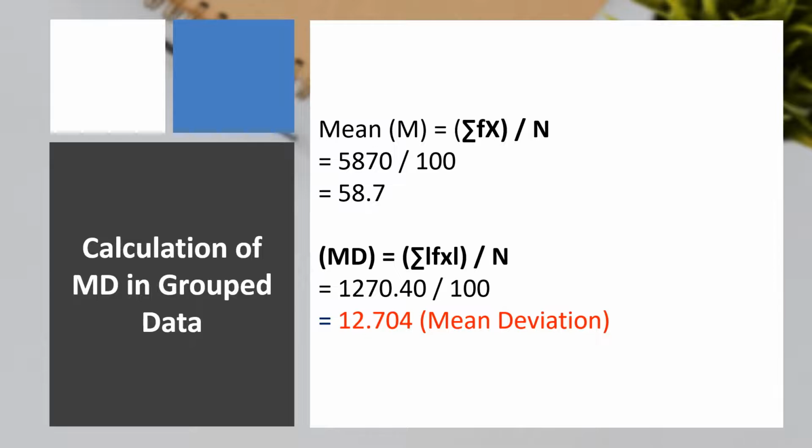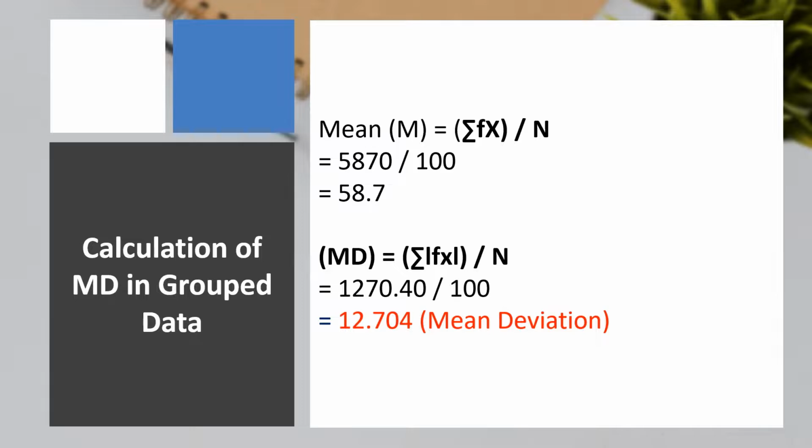Here you see the calculation of mean deviation in grouped data. In the first column, scores are given in class intervals, and then the midpoint is given for each class interval: 10 to 19, midpoint is 14.5, then 24.5, then 34.5, 44.5, 54.5, 64.5 accordingly, and the frequencies are 2, 4, 5, 10, 35, 20.